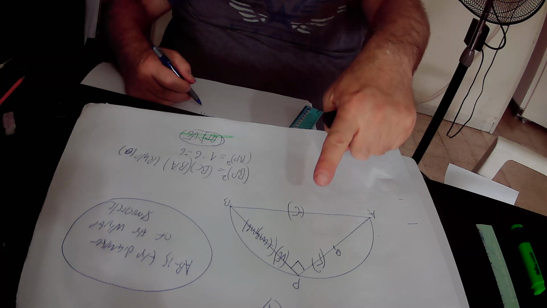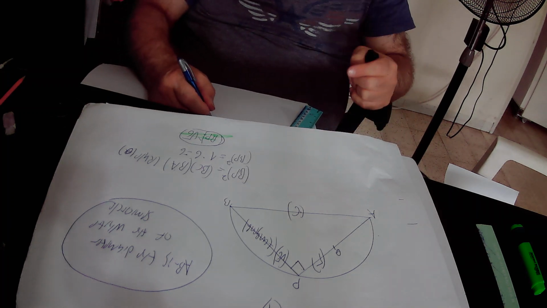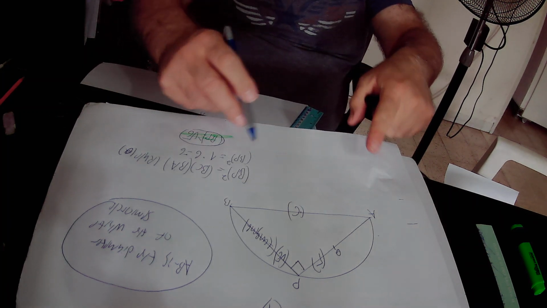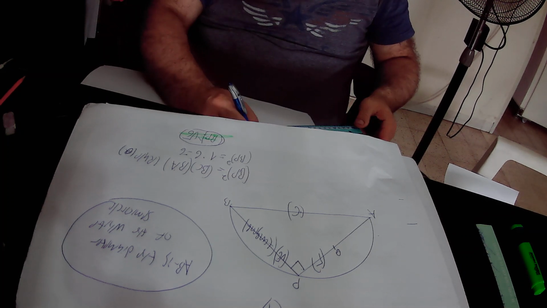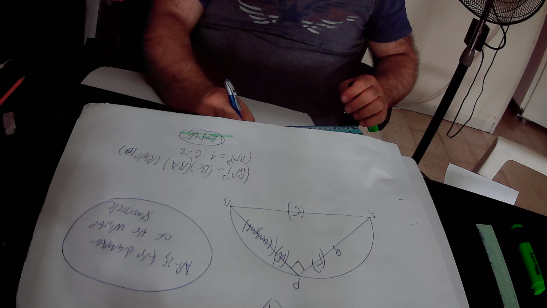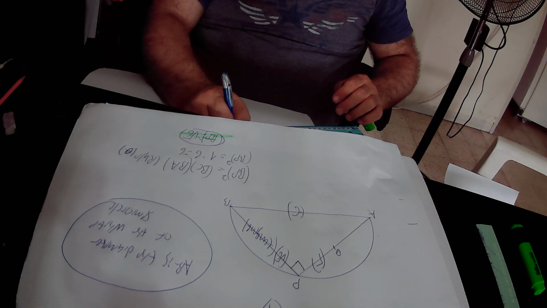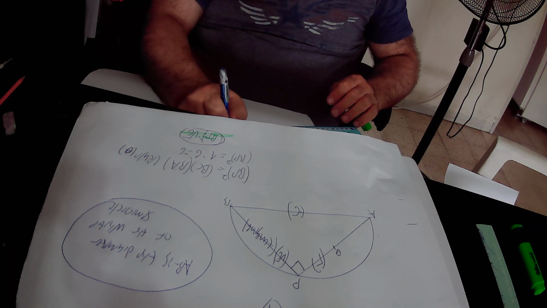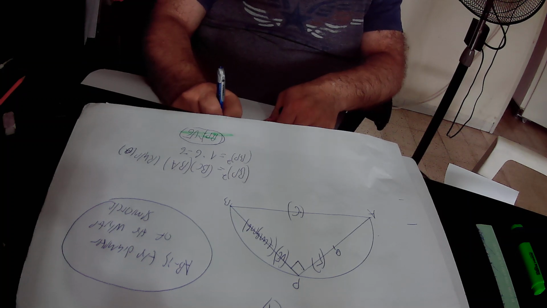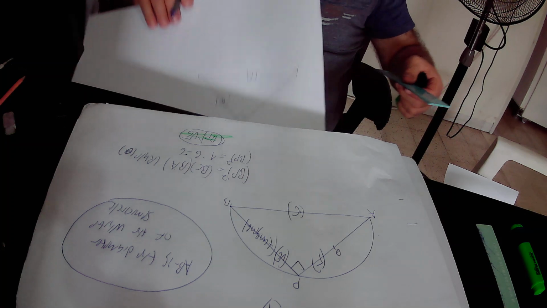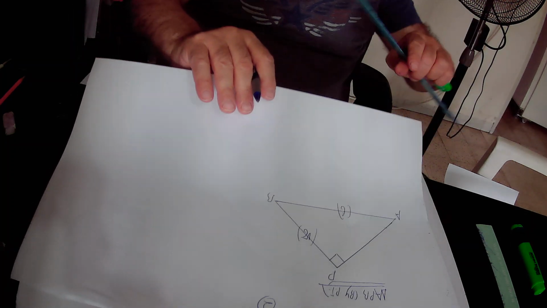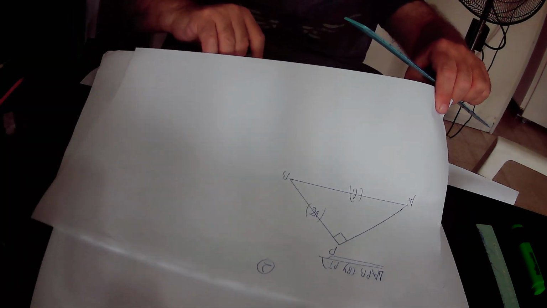Again, side PB equals the square root of 6 units in its length. Side AB equals 6 units. So this is the right triangle APB as I call it from the original drawing.